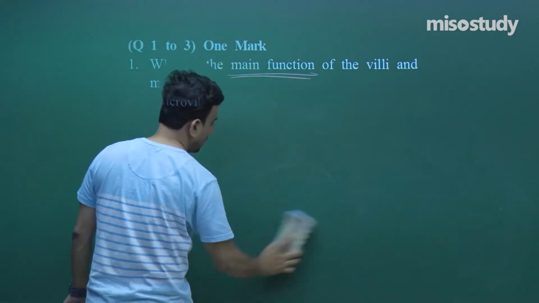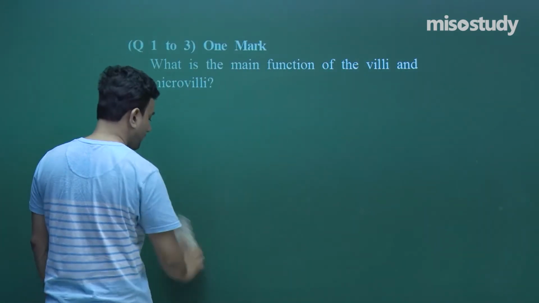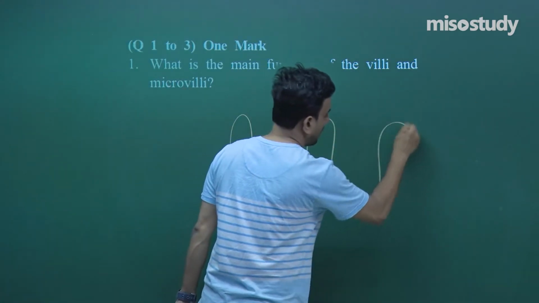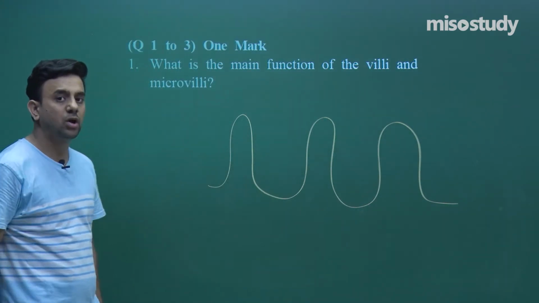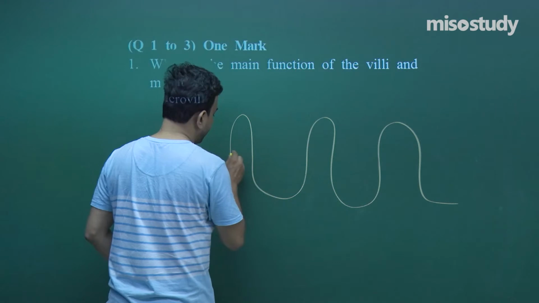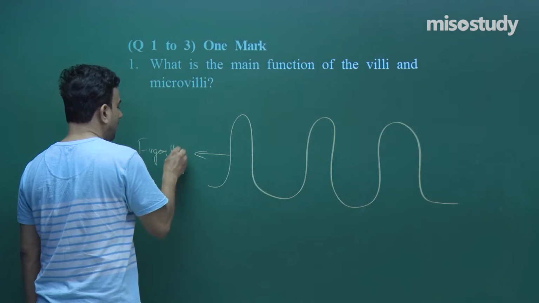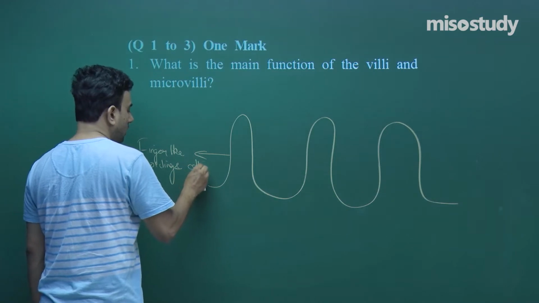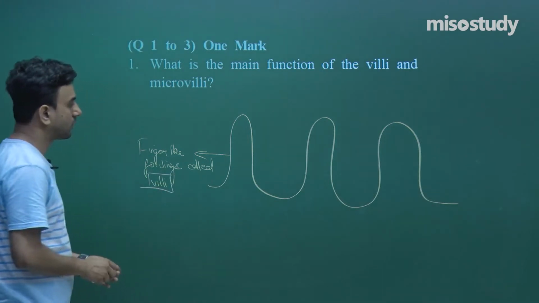So what will we see? The villi are the outfoldings, or the outgrowths, of the mucosa layer. Right, here this is the villi, these are the finger like foldings called villi.